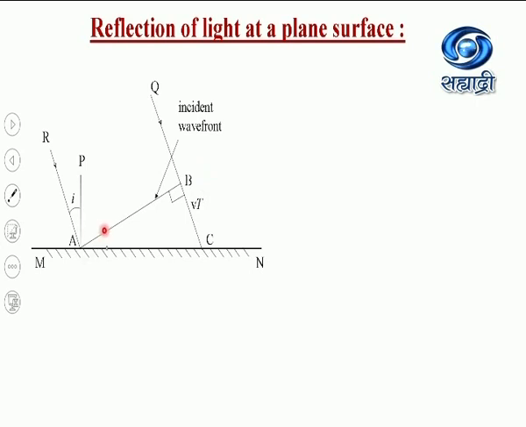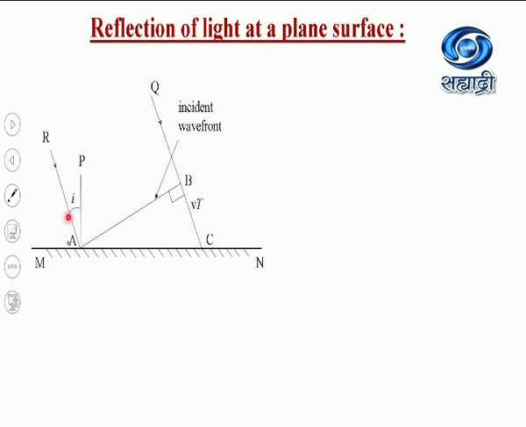All the other points between A and C, they will emit the spherical wavelets back into the medium, but radii of all these wavelets will decrease from Vt to 0 because at time t, point C has just touched the reflecting surface. So the radius of the wavelet emitted by point C is 0 at time t.